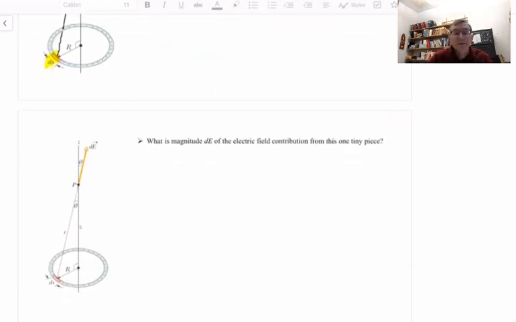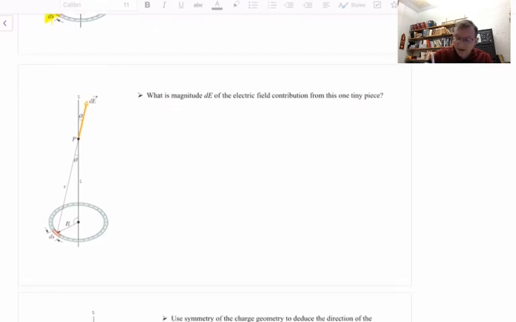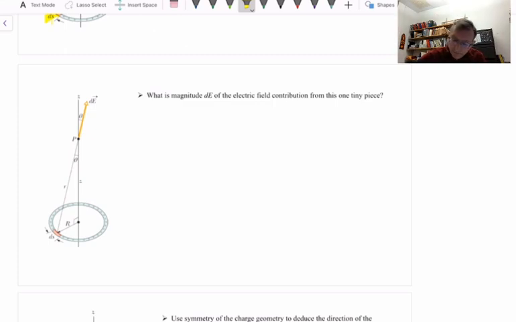All right, here's the next picture. Now let's be as clear as we can about this. You can see they've drawn in the straight line from the charge element out to point P, and they've said that distance is little r.